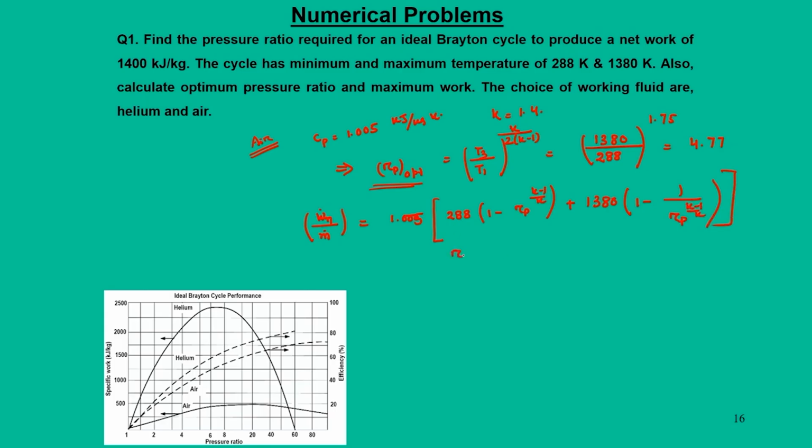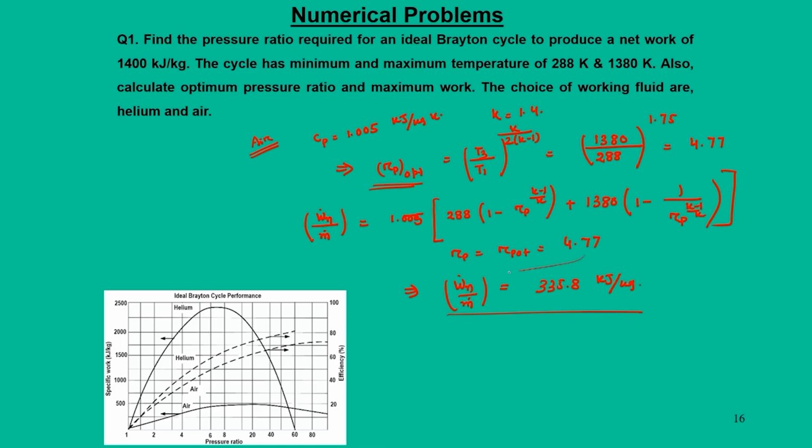Take this Rp as Rp optimum, 4.77, and we arrive at W dot n by m dot equal to 335.8 kilojoule per kg.